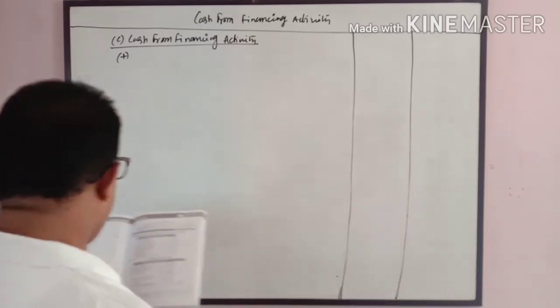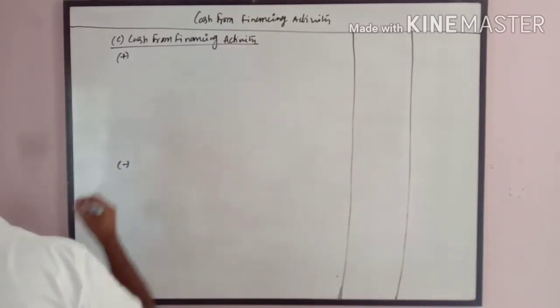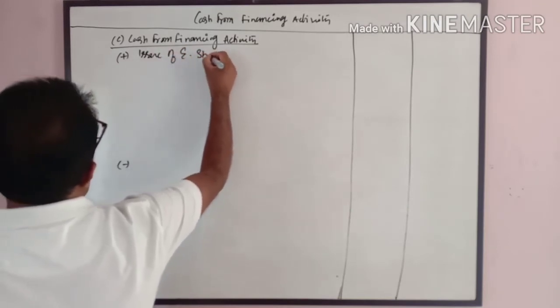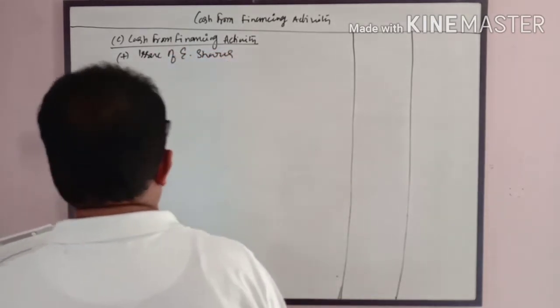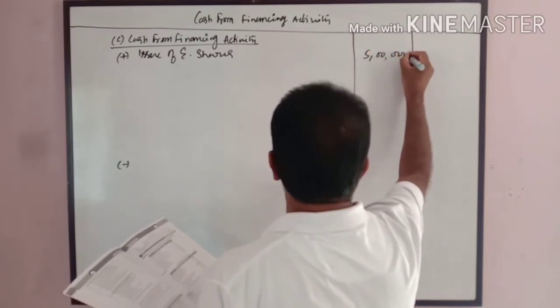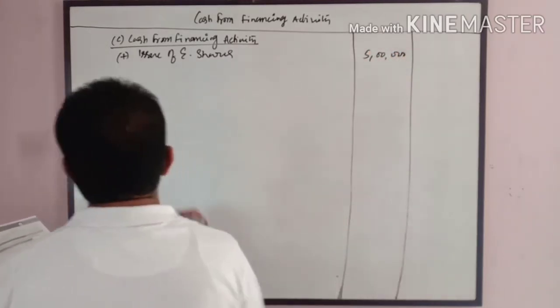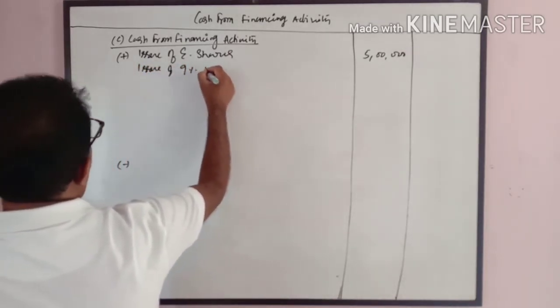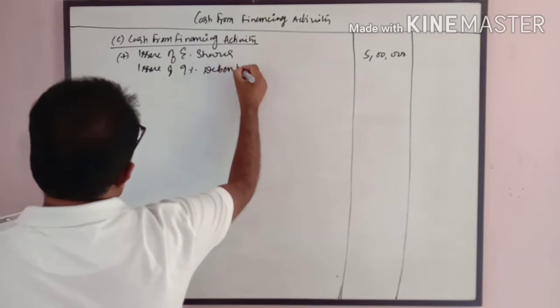Issue of equity shares results in inflow of cash. They issued equity shares by which they received 5 lakh rupees cash. Then issue of 9% debentures, again inflow of cash.